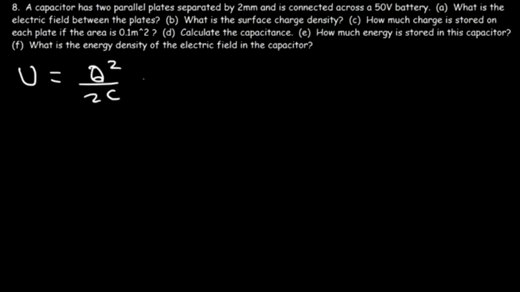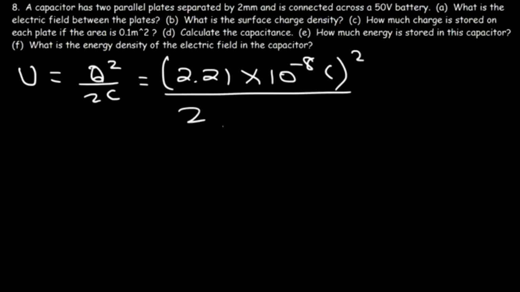So Q, the electric charge, is 2.21 times 10 to the negative 8 coulombs. That's what we got in part C. Divided by 2 times the capacitance, which is 4.425 times 10 to the negative 10.